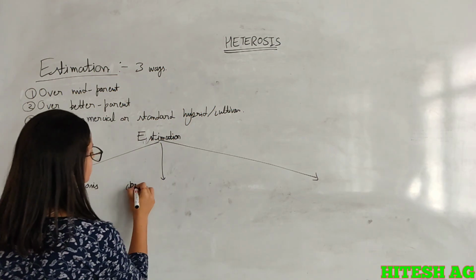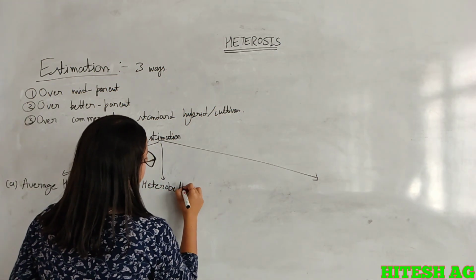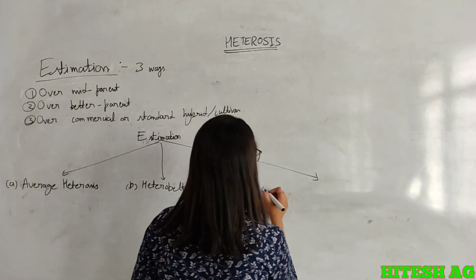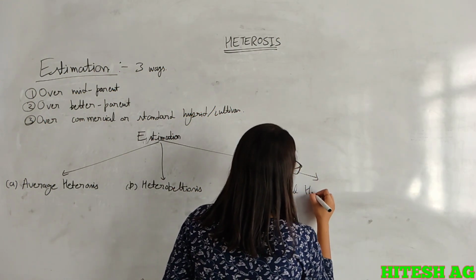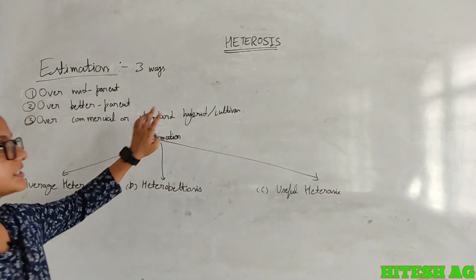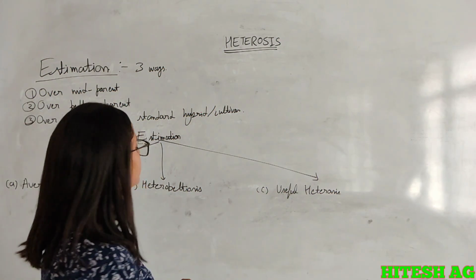Second one is heterobaltiosis. And the third one is useful heterosis. This is basically the classification of heterosis only on the basis of its estimation.